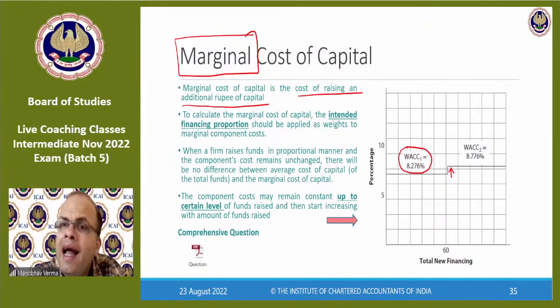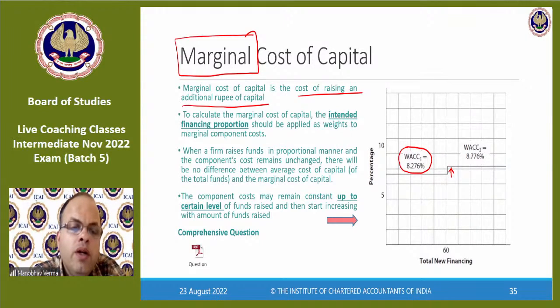Let me go back a step. Without raising funds from outside, can we call marginal cost of capital the normal cost of capital, because it doesn't change? Till the point we are not going to raise additional finance, my marginal cost of capital is the cost of capital. But when we actually raise additional finance from outside, that is the point where my cost of capital will change.